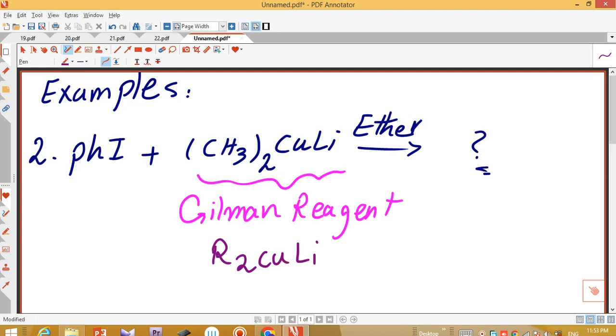But again, the mechanism of this reaction has been reported as radical in some books. So I just do not want to distract your concentration.